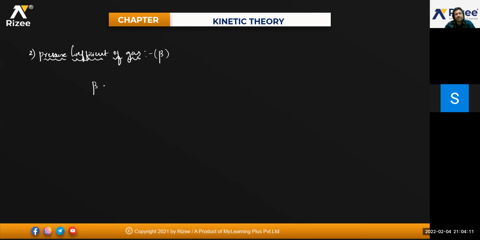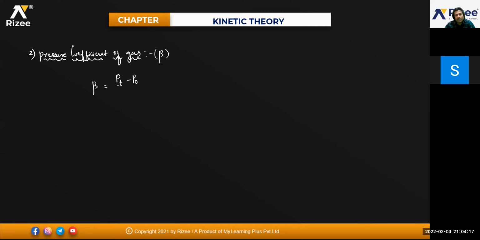So beta, same as the previous one, here the change in pressure will be written: pressure at T degree centigrade minus pressure at 0 degree centigrade, divided by pressure at 0 degree centigrade into temperature T. So beta equals Pt minus P naught divided by P naught into T. Pt is the pressure at T degree centigrade and P naught is the pressure at 0 degree centigrade. The unit for this is per degree centigrade.